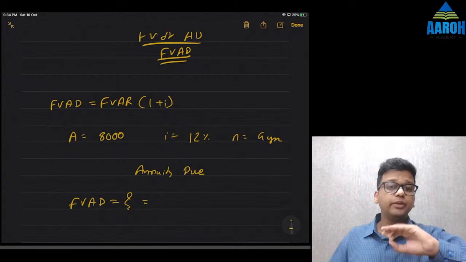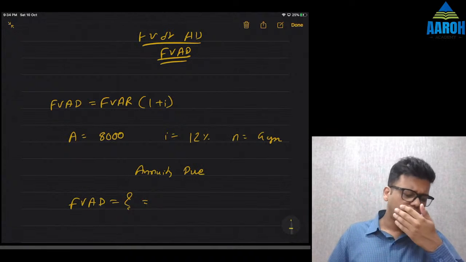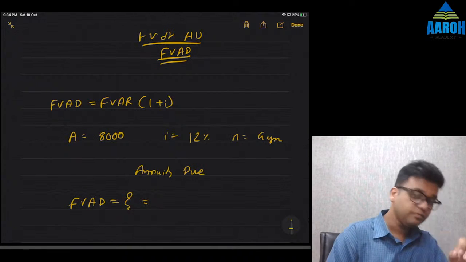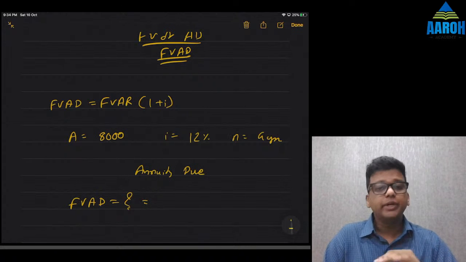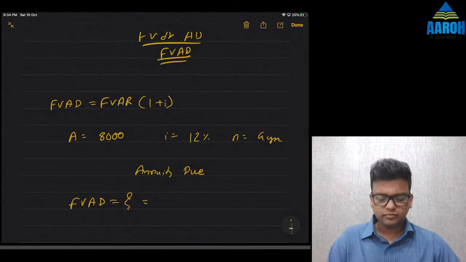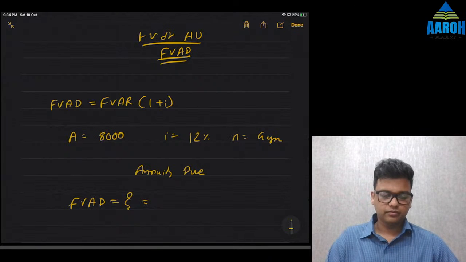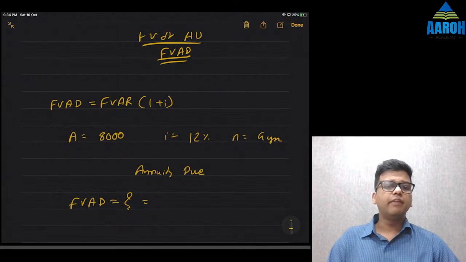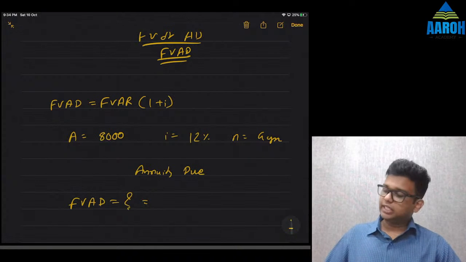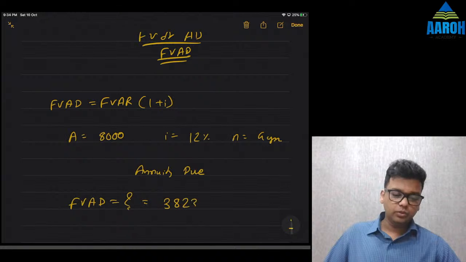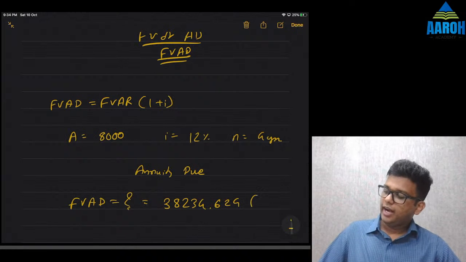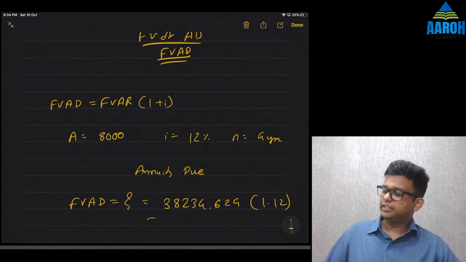Find future value of annuity regular first, as usual. 1.12 raised to 4 minus 1 divided by 0.12 multiplied by 8,000. That should give us 38,234.624. And then just multiply it by 1 plus I. That's it.